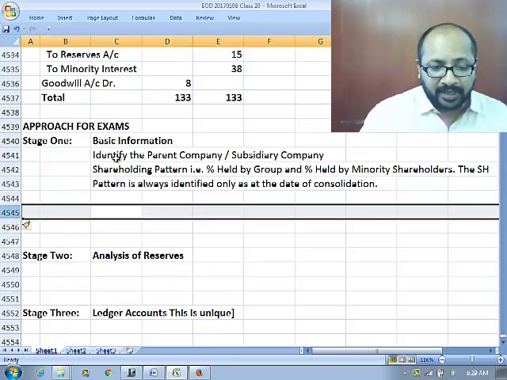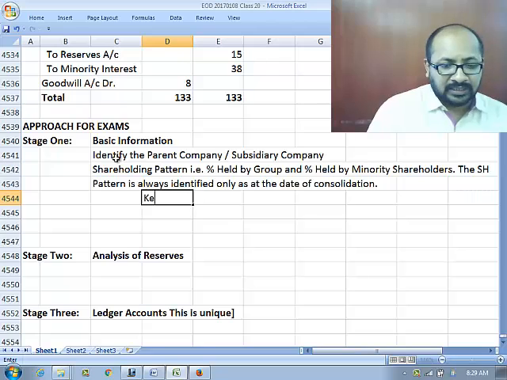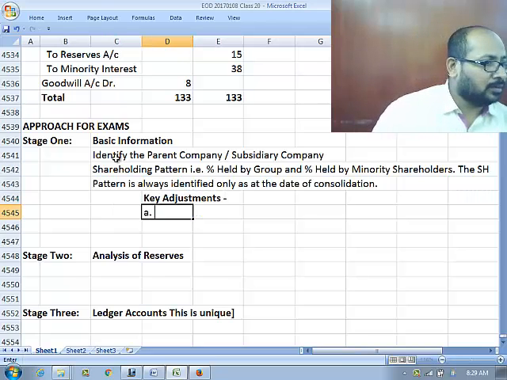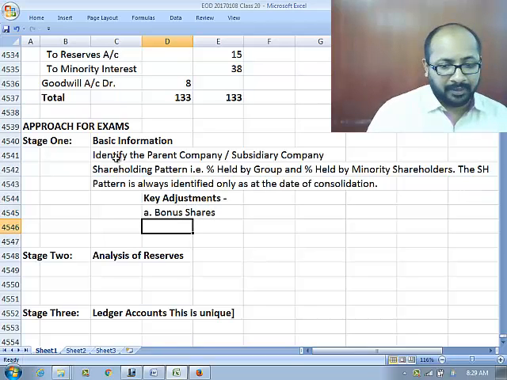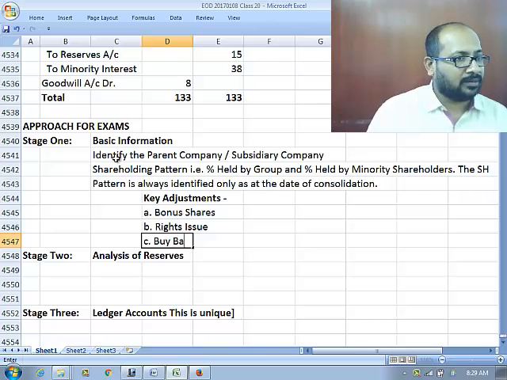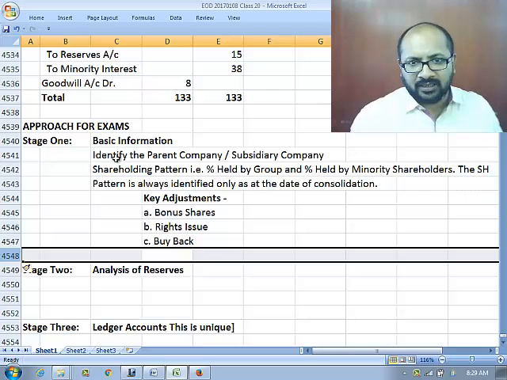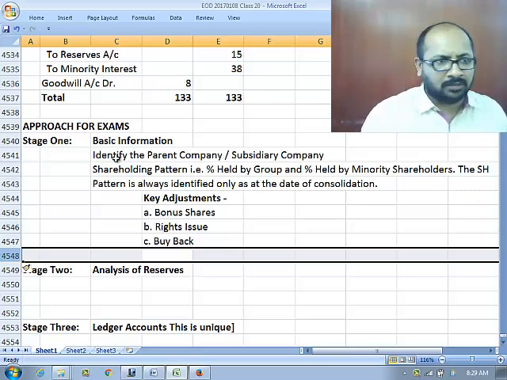In identifying the shareholding pattern, some of the key adjustments are: A, bonus; B, rights issue; C, buyback. We need to watch out for these three. Of course, buyback has never been tested, and I am also not having any questions on buyback.